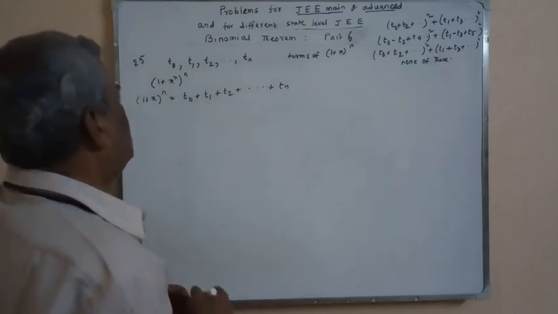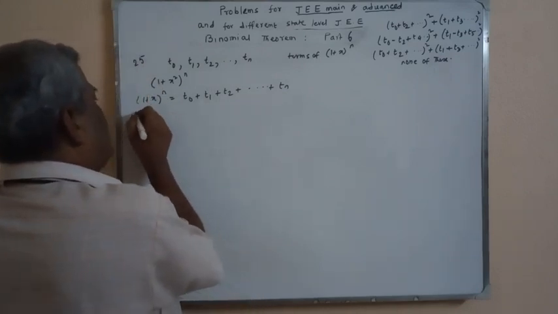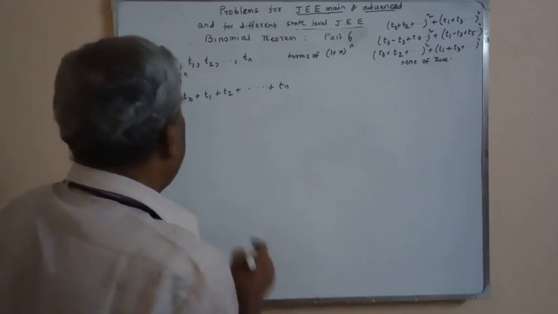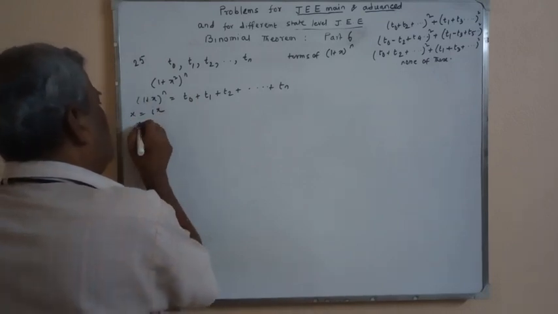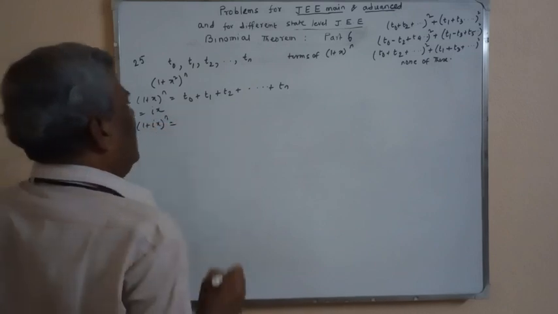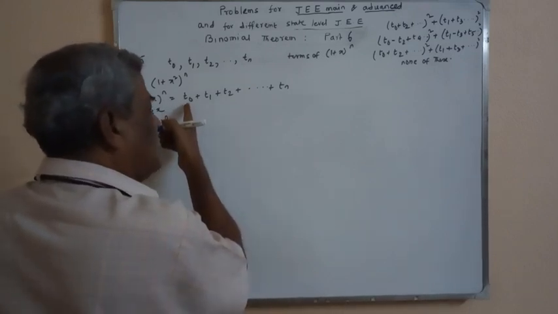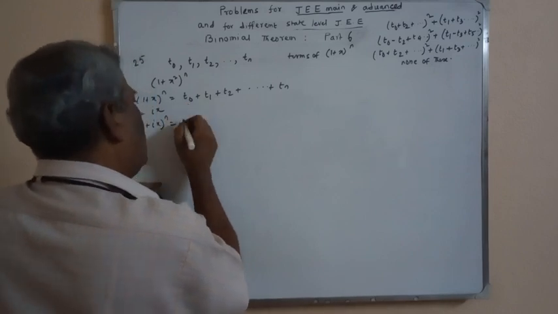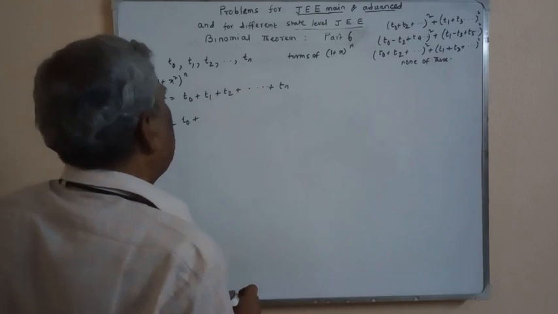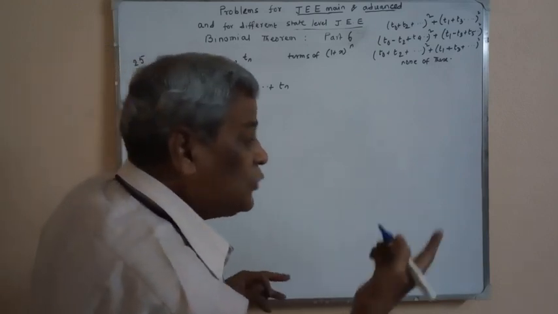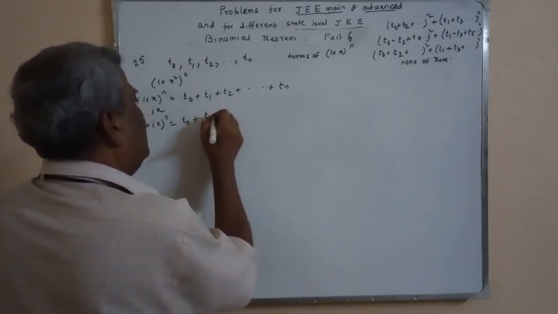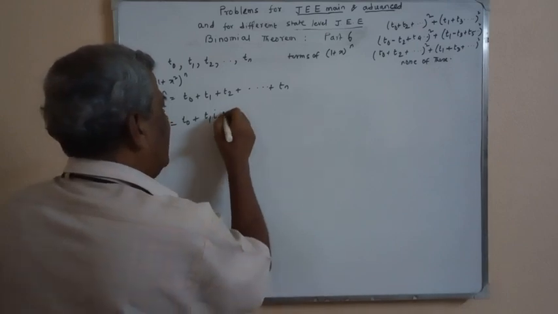Now I put x is equal to ix on both sides. So this will be equal to (1 plus ix) whole to the power n is equal to, in T0 there is no x, so it is simply T0 plus, in T1 you see there is some constant into x, so it is T1 into ix.